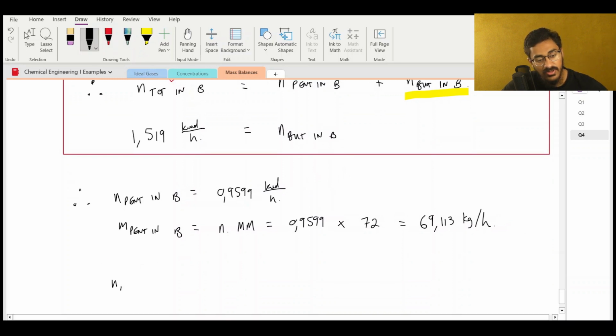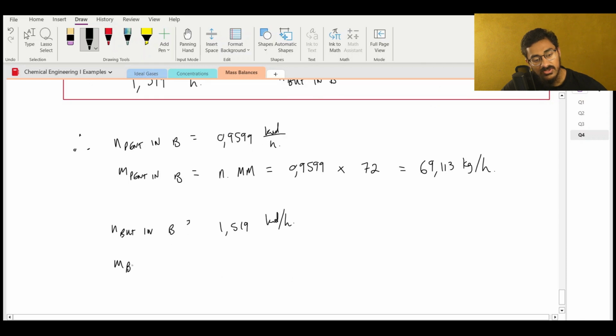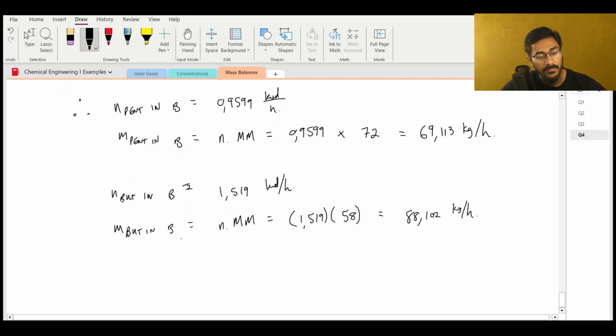Okay. And I also know that the number of moles of butane in B is equal to 1.519 kilomoles per hour. Let's convert that into a mass. So the mass of butane in B is going to equal the number of moles multiplied by the molar mass, which is 1.519 multiplied by the molar mass of butane, which is 58 kilograms per kilomole. And that should give me 88,102 kilograms per hour. Okay?